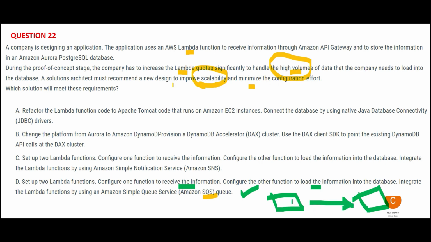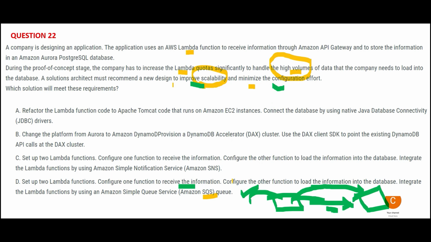If the producer sends something to the consumer, it is not lost, it is here. Plus, this guy has passed the message here, so now it is free to get more messages. That way, the scalability gets improved. And SQS is very easy from a configuration perspective.